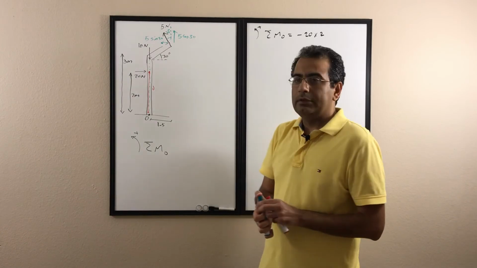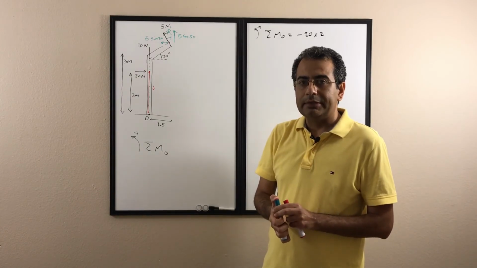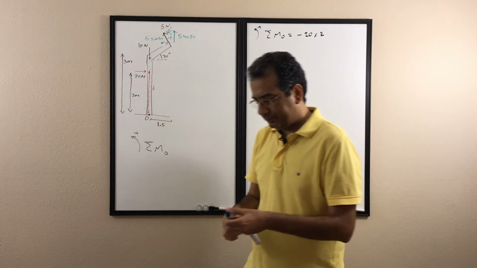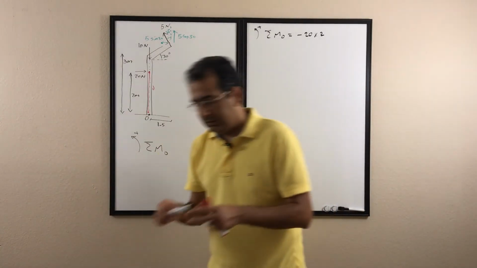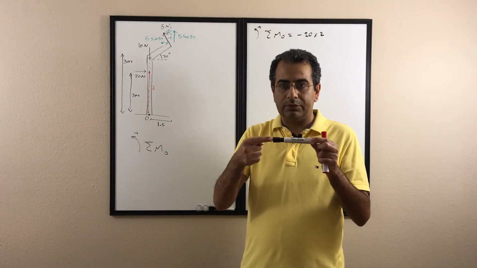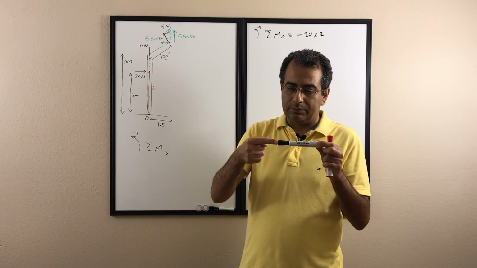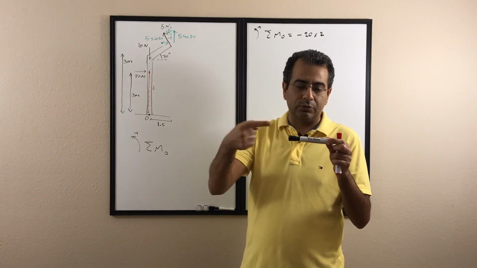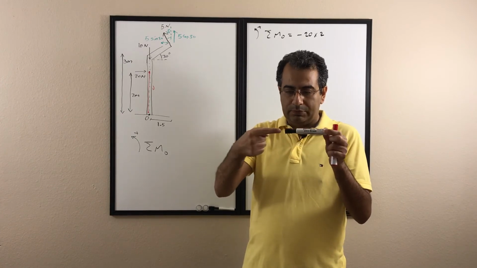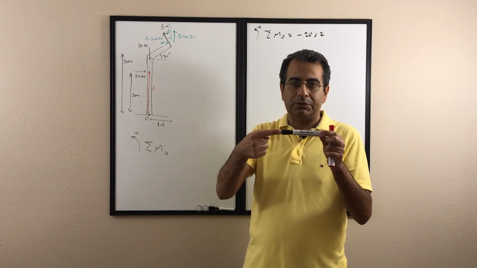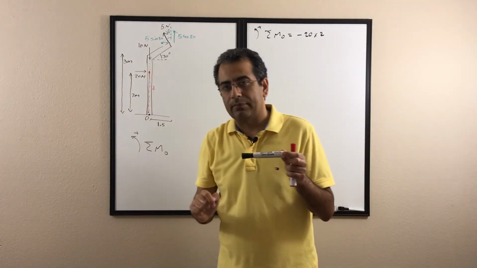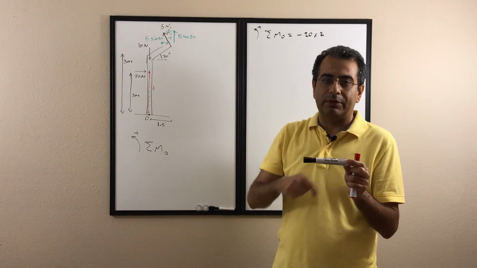In other words, it doesn't create any rotation, and it's the same as here. Again, if I hold my marker like that, if I apply the force like this, it doesn't make any rotation. To make a rotation, my force should not go through that hinge. If I put it like that, it rotates, but if I put it like that, it doesn't matter how much I push it, it's not going to rotate, because the force goes through that hinge or the point we are calculating.